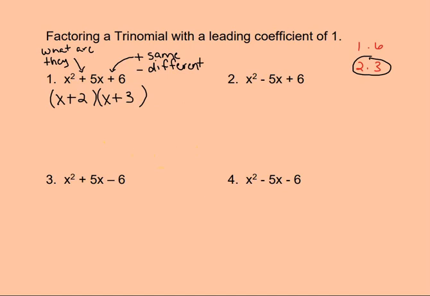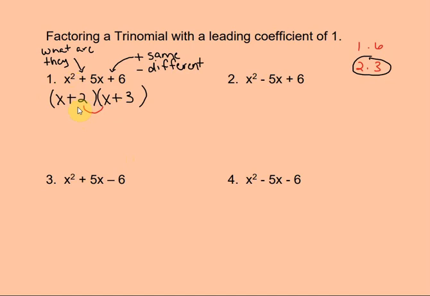So let's do that now. We really don't have to do the first two terms because we already said we know to get x squared we would multiply x times x. And then to get the 6, we already knew that we had the factors of 6. So 2 times 3 is 6. So really the only thing that we have to double check when we're checking to see if we factored correctly is the inner and the outer two terms.